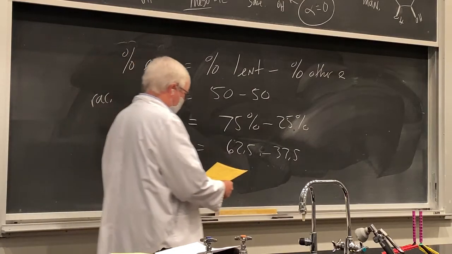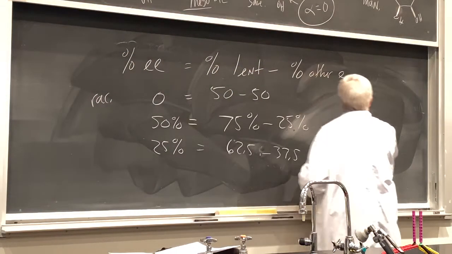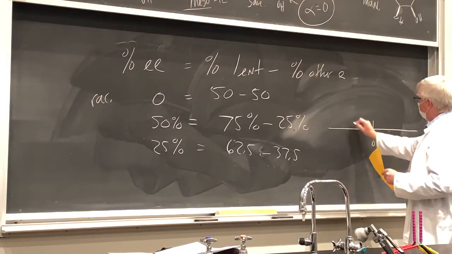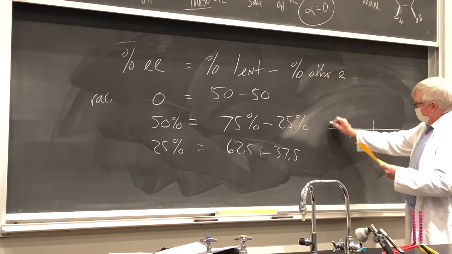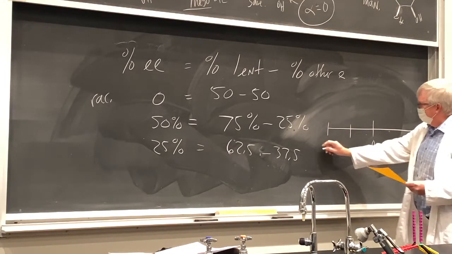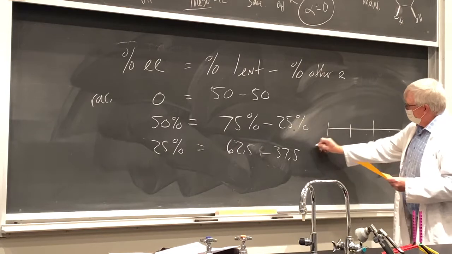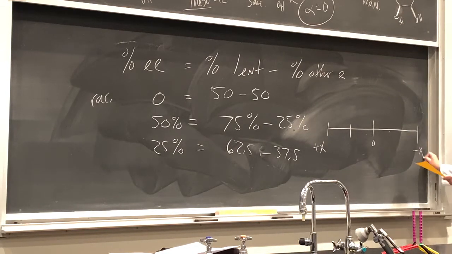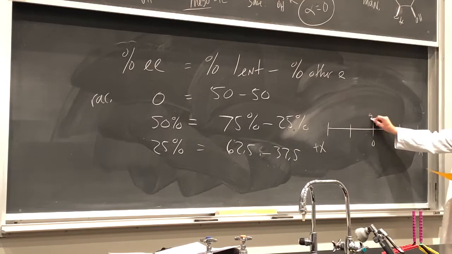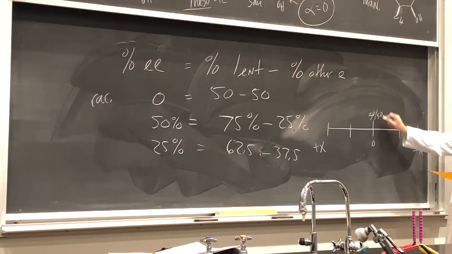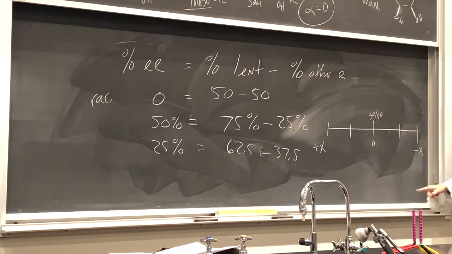So based on the optical rotation, what's always good to see here is think about 0, and then the maximum here, which would be the plus rotation, the minus rotation here. And if you're 50-50 between the two, yeah, you'd be at an optical rotation of 0.